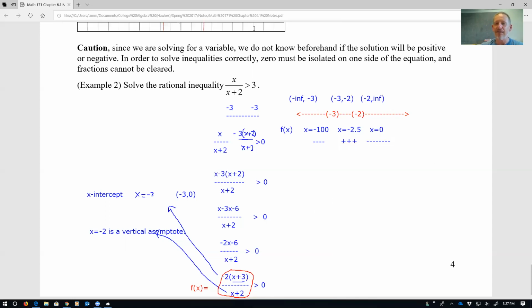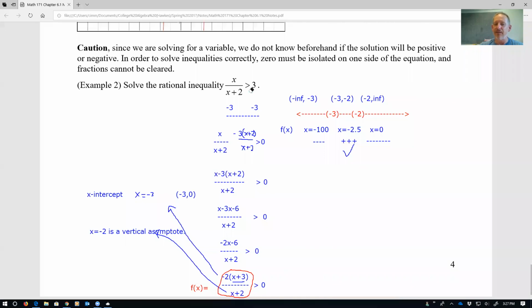What I found out is that the interval where f of x is greater than 0 is this interval right here between -3 and -2. I don't include those two points because I don't have an equal sign here.